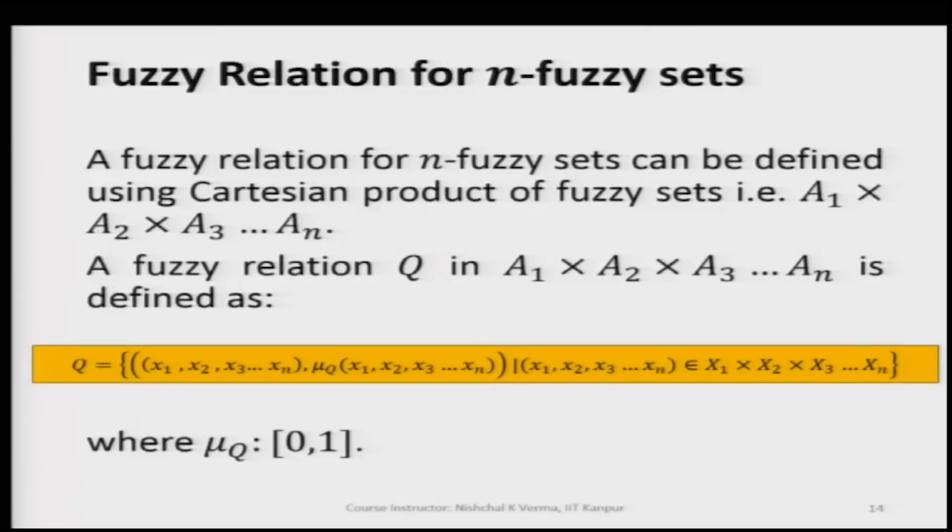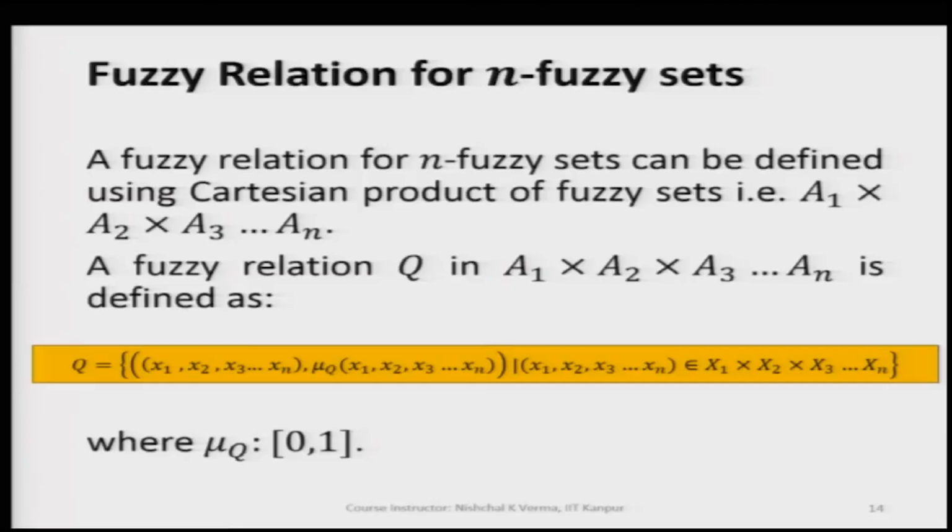Now, like in crisp relation, where we have seen the crisp relation of n crisp sets, let us see how the fuzzy relation for n fuzzy sets looks.